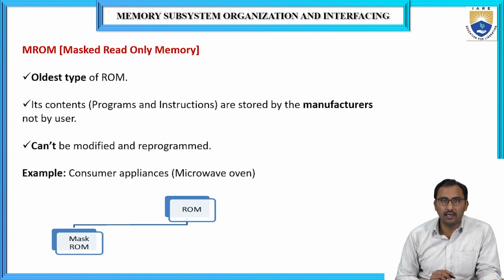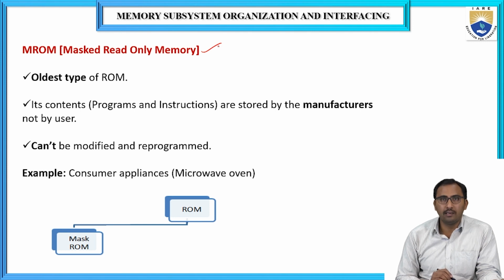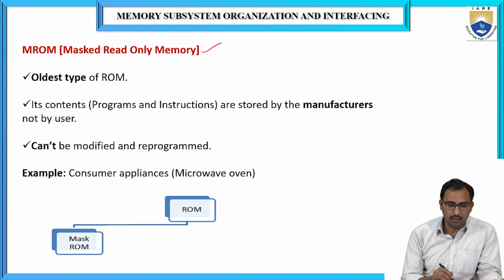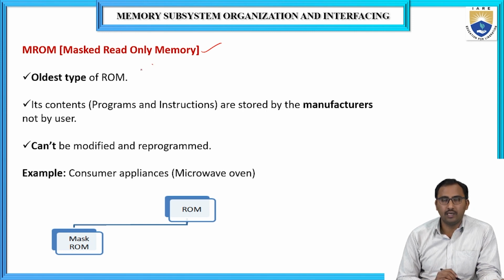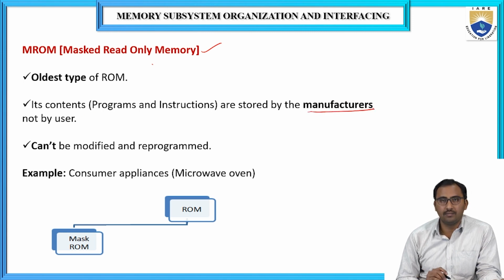So the first one is MROM. MROM means masked read-only memory. It is the oldest type of memory; in olden days we used this type of memory. Its contents are stored by the manufacturer during the manufacturing process.